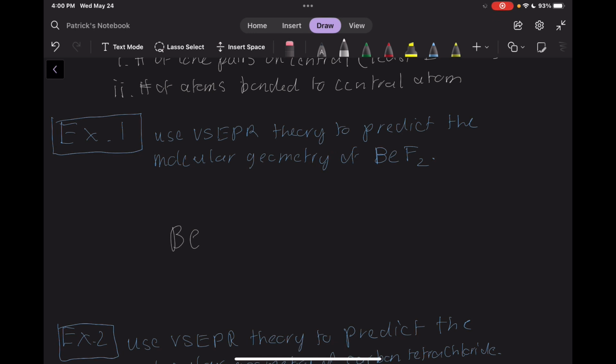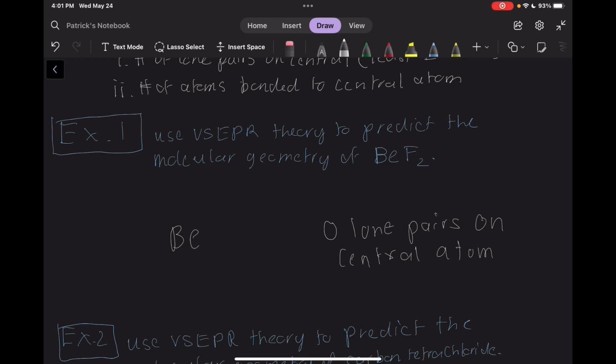Beryllium has 2 valence electrons, and it is bonded to 2 fluorine atoms that each have 7 valence electrons. This means that both of beryllium's 2 valence electrons are going to be bonding electrons, so our central atom is left without any lone pairs. We don't care about whether the valence electrons on fluorine are bonding or not.